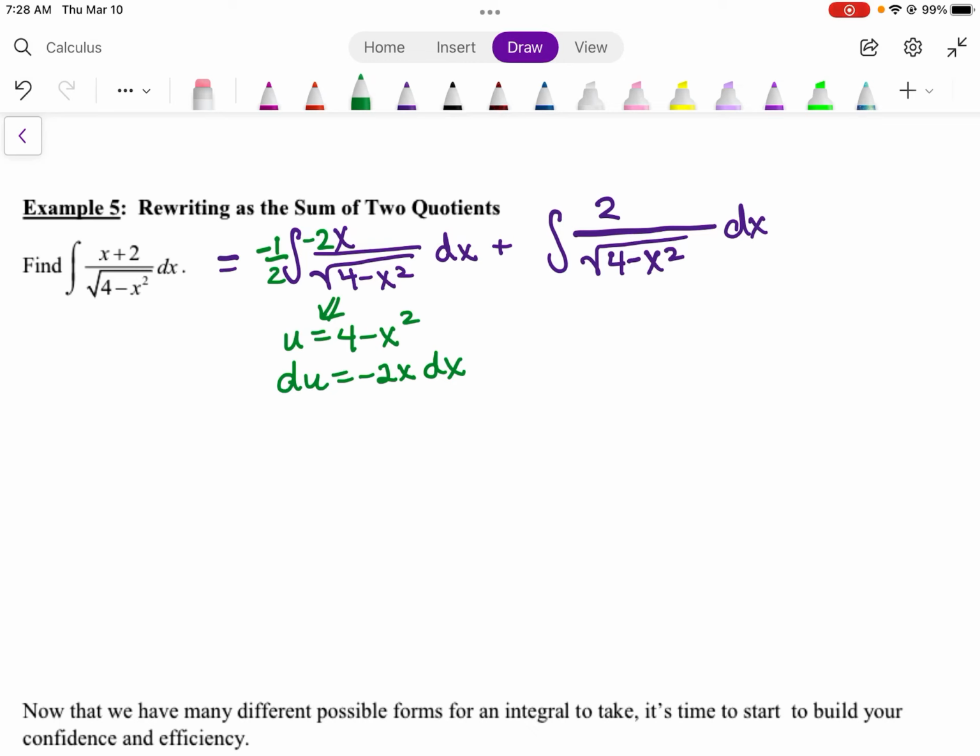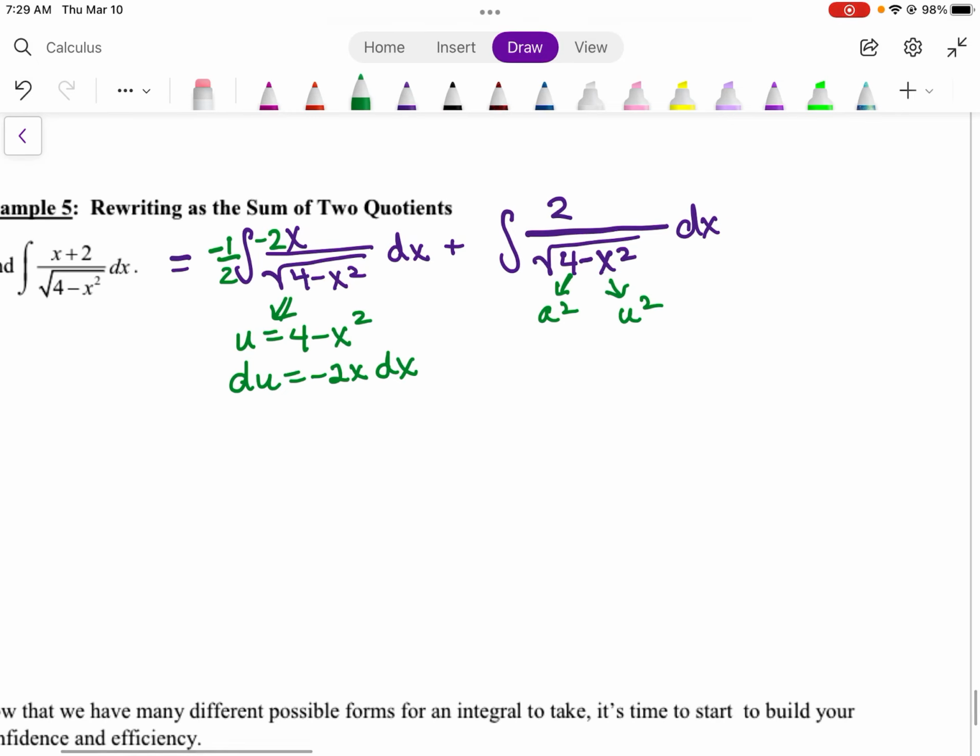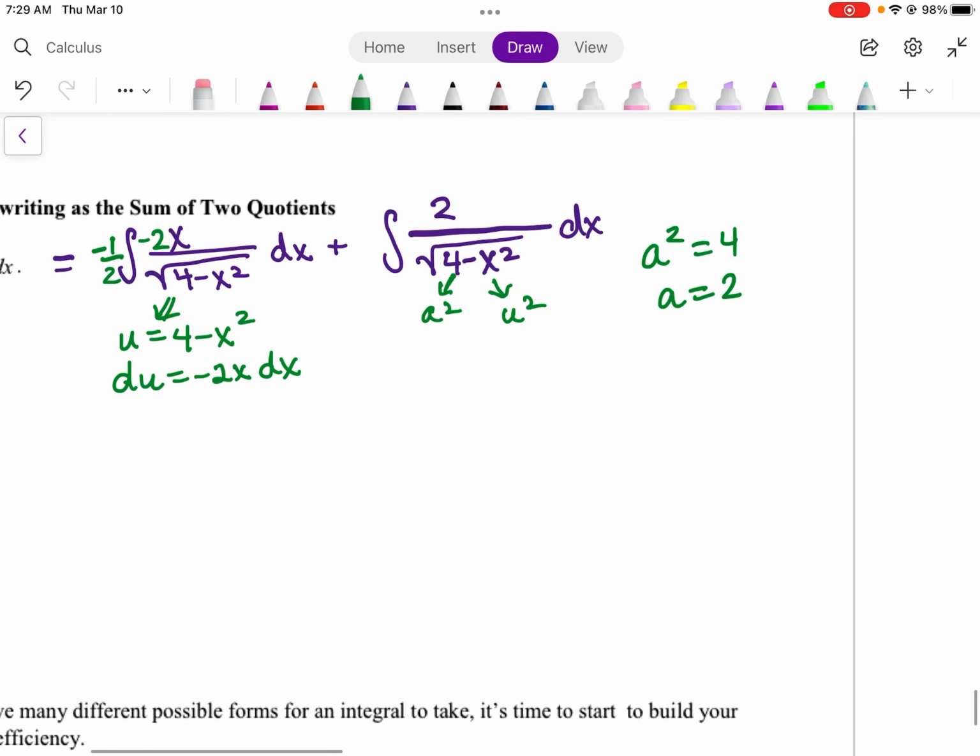And for the other one, I'm going to have one of my inverse trig forms again. It looks to me like this could be a squared minus u squared. So I think I'm going to go with that route. So I'm going to say a squared is 4, so a is 2. U squared is x squared, so u is x, so du is dx.